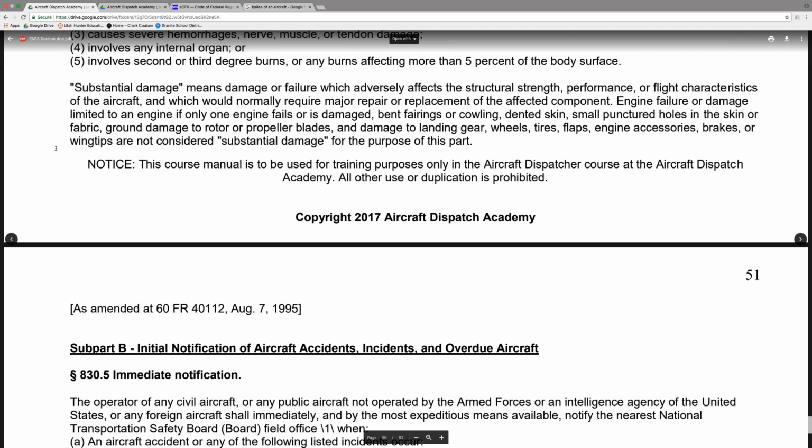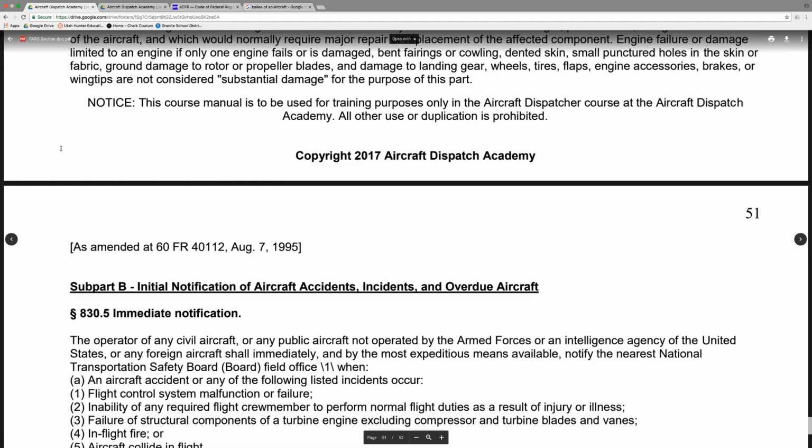So if you had a hard landing and it broke one of your wing struts or bent a wing or collapsed your landing gear, and caused more than just a small amount of damage, collapsed landing gear would be pretty substantial because you're affecting more than just the landing gear or the wheels or tires. It involves the structural integrity of the aircraft.